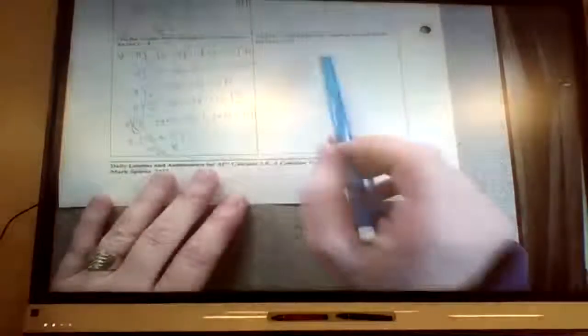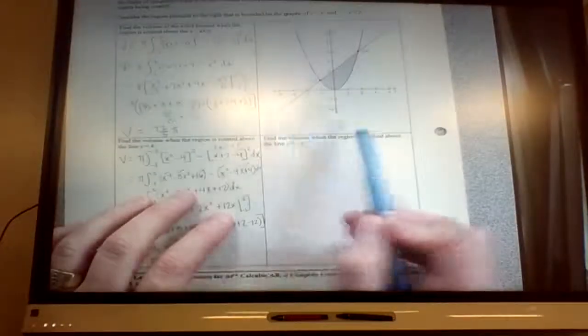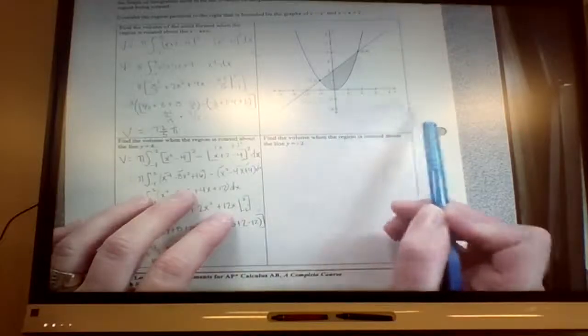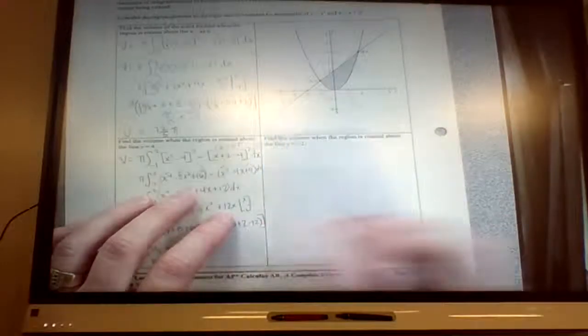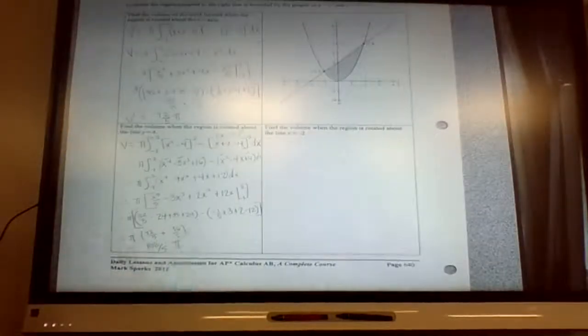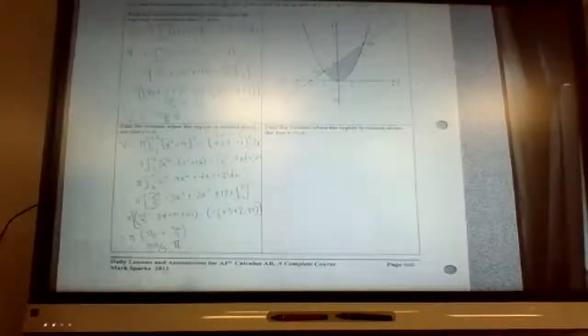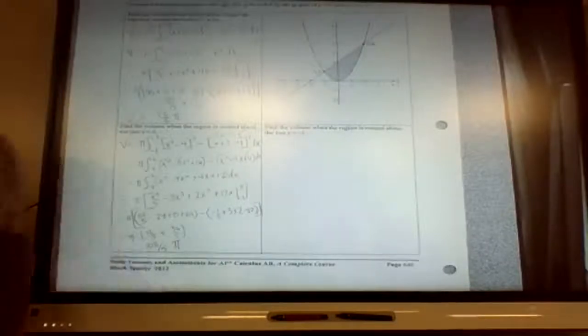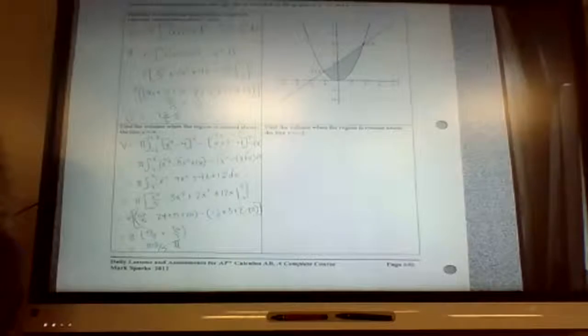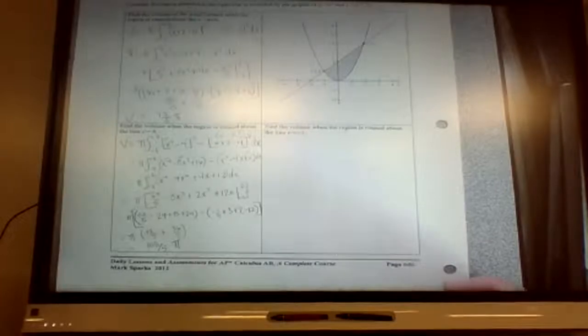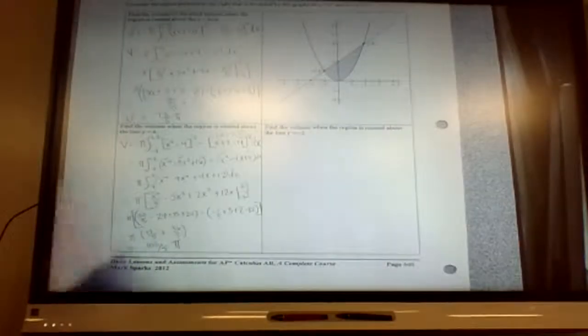We'll go ahead and try this one. So let's go back. Now we're going over the line y equals negative 2. So what's that one going to look like in the setup?